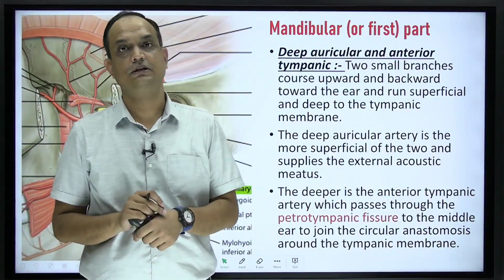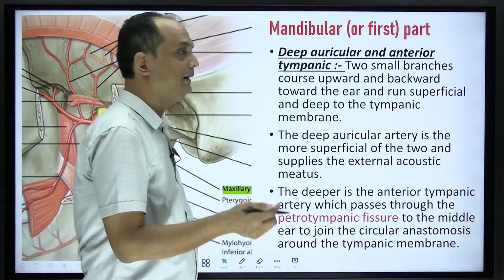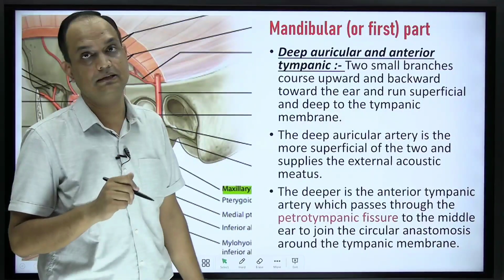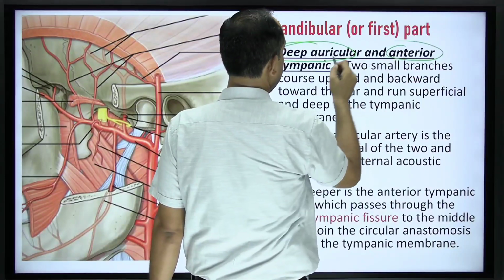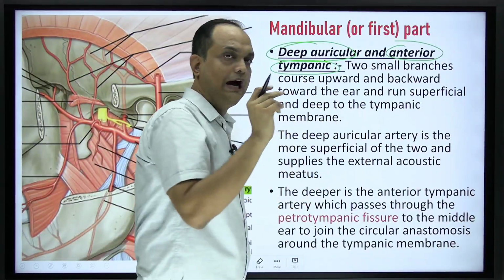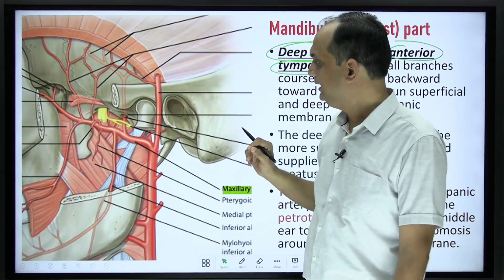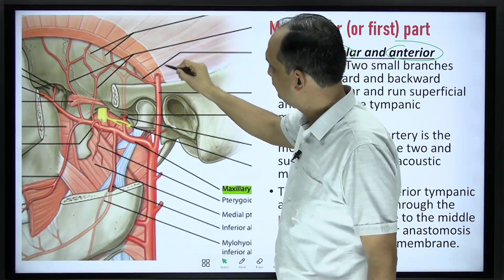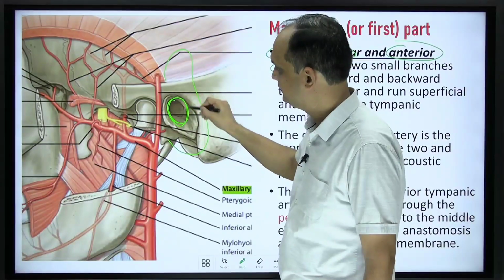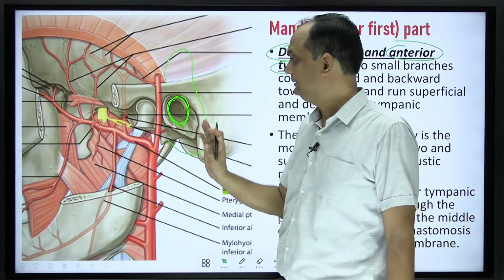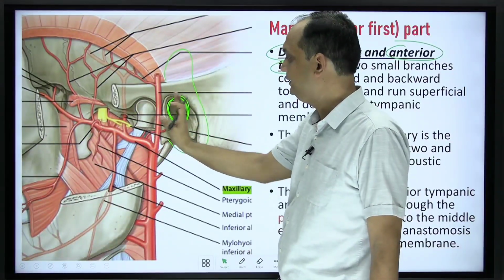So, the first branches are the 2 branches which supply the ear: the deep auricular and anterior tympanic arteries. First, understand that this is your ear area. Suppose I draw the ear area, and this is your external acoustic meatus. The ear lies behind the maxillary artery.